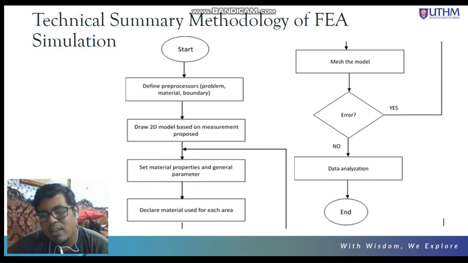If the error is yes, they go back to the first part and set material proposed and general parameter, declare material, and mesh the model, and they check error. If the error is no, you can go to the data analysis and the end.